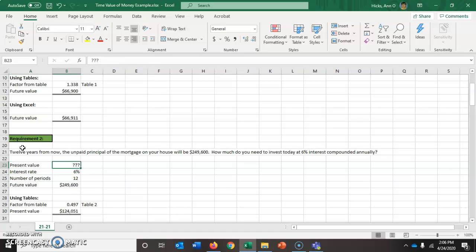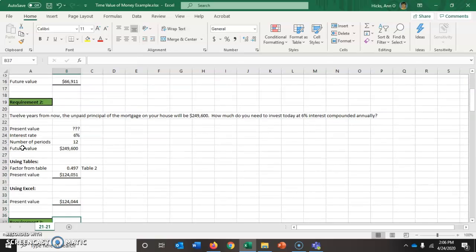We have the same parameters. In this case, we don't know the present value. That's what we're solving for. The interest rate remains 6%. The number of periods is 12, because that's when we want to be able to pay this off, and the future value is $249,600. So how much do I need to put in an investment today so that in 12 years I will have this dollar amount? Again, we can use the tables or Excel.